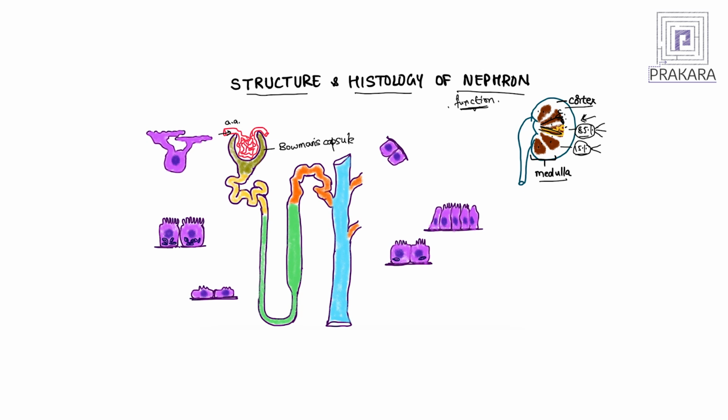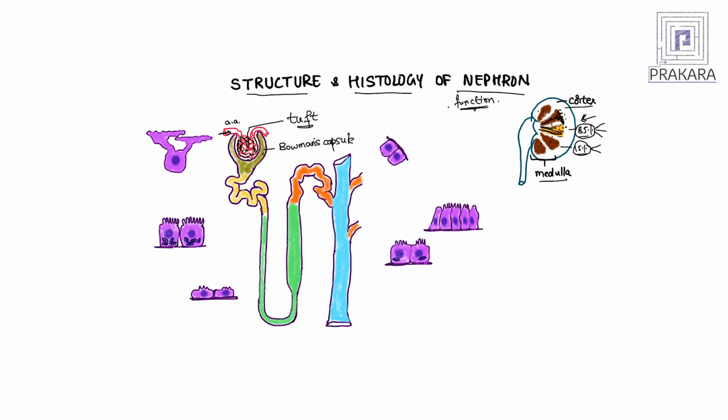As the afferent arteriole gets into the Bowman's capsule or the renal corpuscle, it splits up into multiple capillaries. The capillaries are arranged in the form of a tuft. They are arranged like a ball or a sphere, which fits into the concavity of the Bowman's capsule.